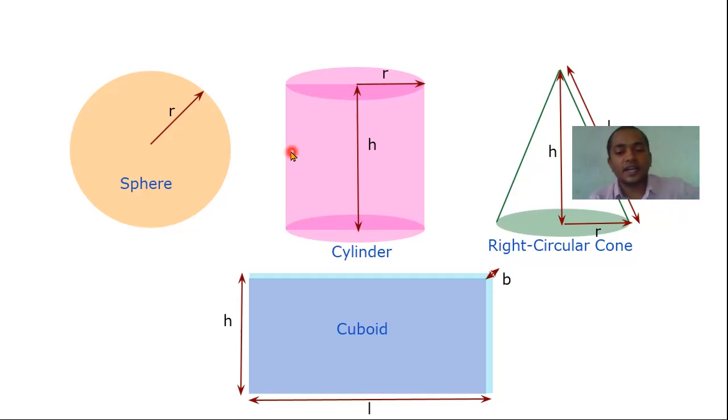So from this we can understand that the volume of a solid cylinder is made by adding up the area of each disc.